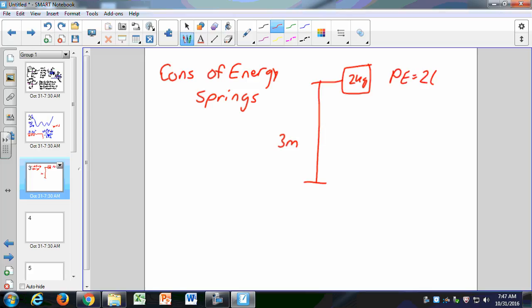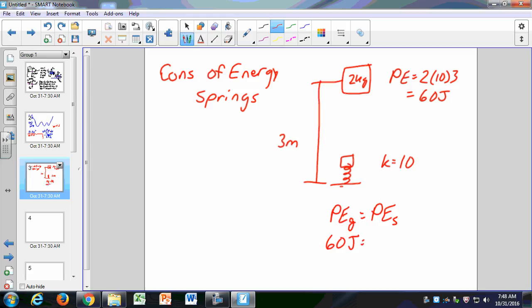That would be 2 times 10 times 3, that would be 60 joules. And then let's say that it goes down onto a spring, and I ask you how far does it compress that spring. Let's say that k for the spring is equal to 10. What you would do is you would say the gravitational potential energy is equal to the potential energy of the spring. And so you say 60 joules equals 1/2 kx squared.